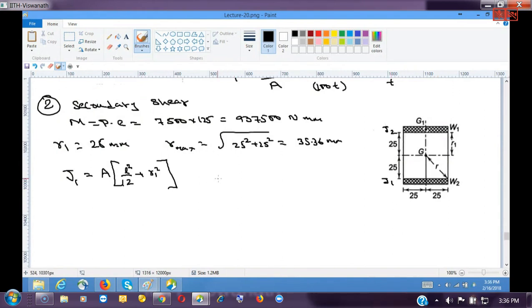It is given by 50 as the length, T as the throat thickness, into 50 square by 12 plus 35.36 whole square.